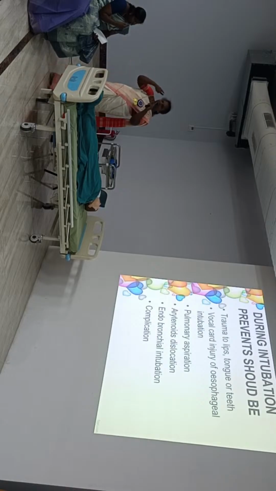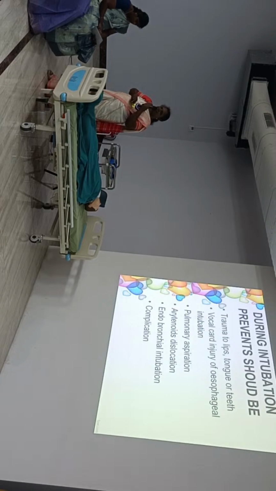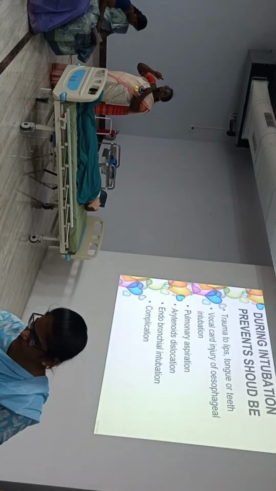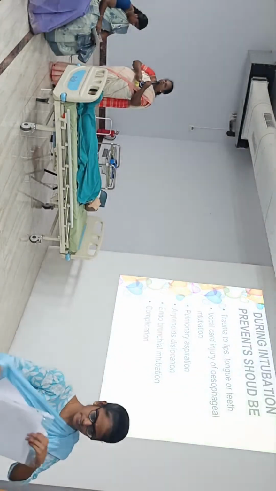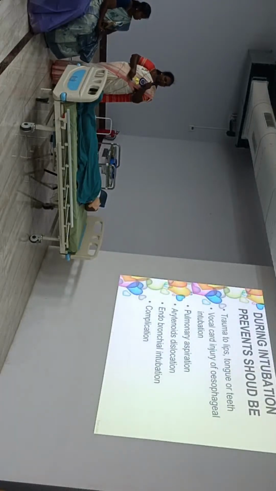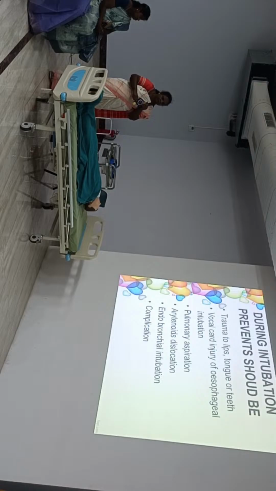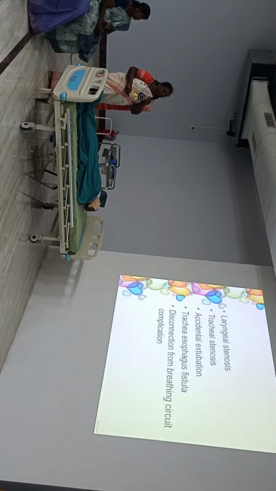The vocal cord is placed in a side curve, so that is the injury of the arytenoid. If we put it in a forced manner, the arytenoids can be damaged. Then bronchial intubation, we prevent these complications.